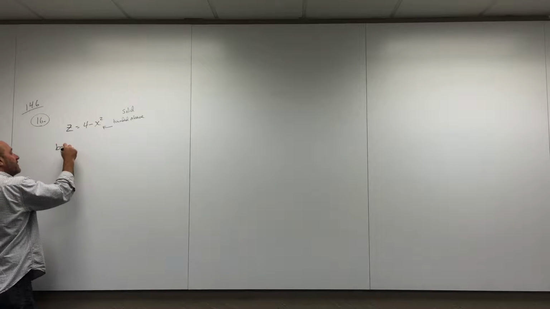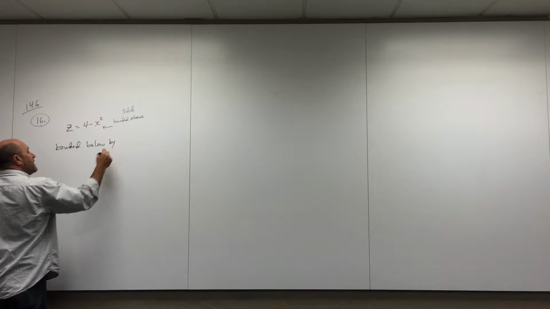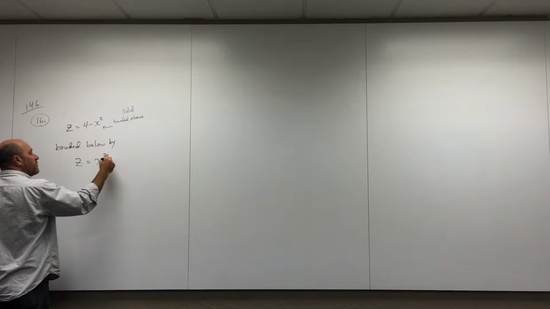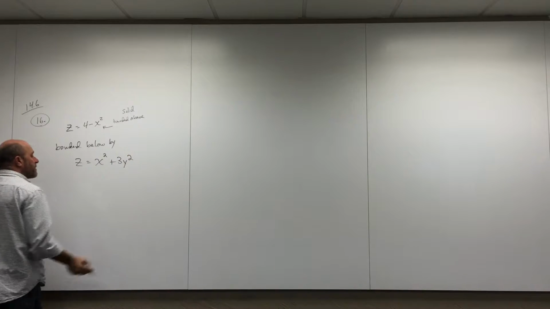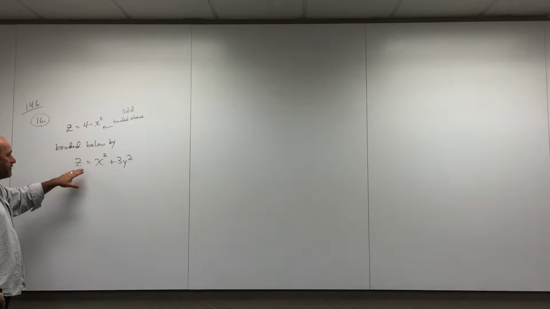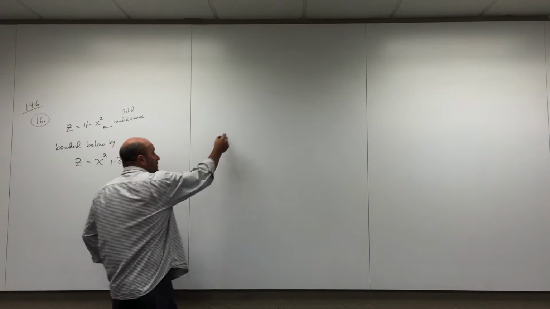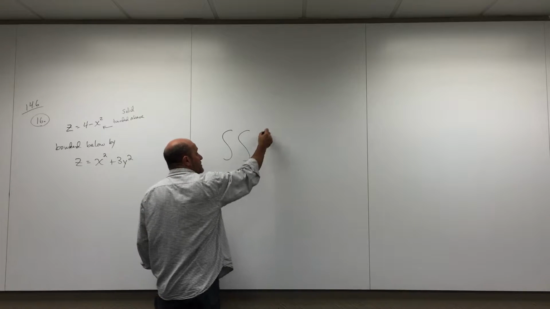I'm going to write the phrase like they said. They refer to this as a paraboloid. I feel like I'm working in 3D here, that I need to set up a triple integral to get the volume of this solid.